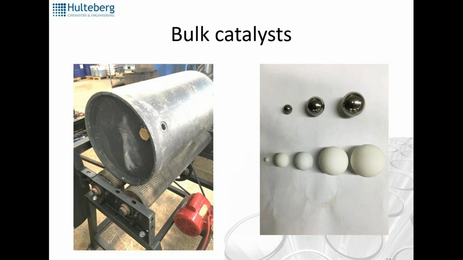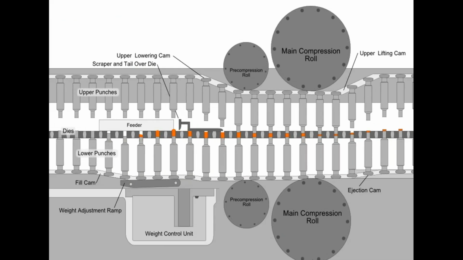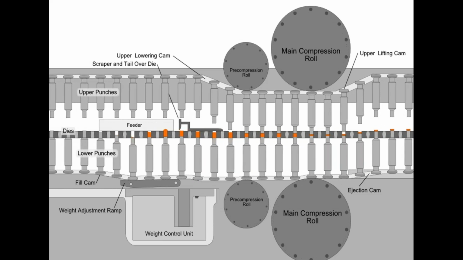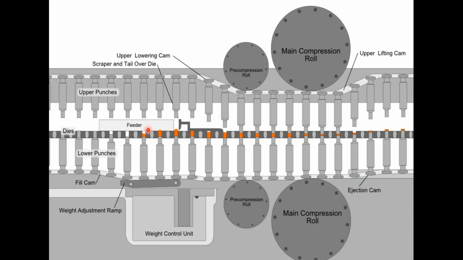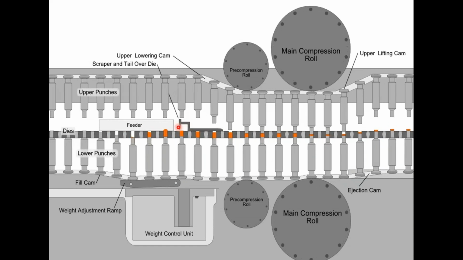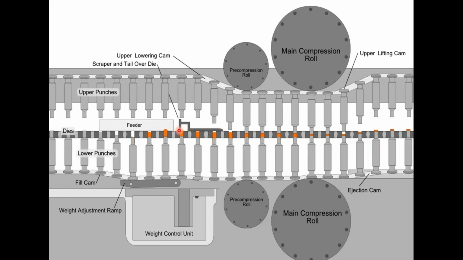For the tableting, you take the ground and sieved powder and you add it. So we have a feeder here which feeds in our catalyst powder. We scrape it off to make sure that it's the same amount in each tablet.